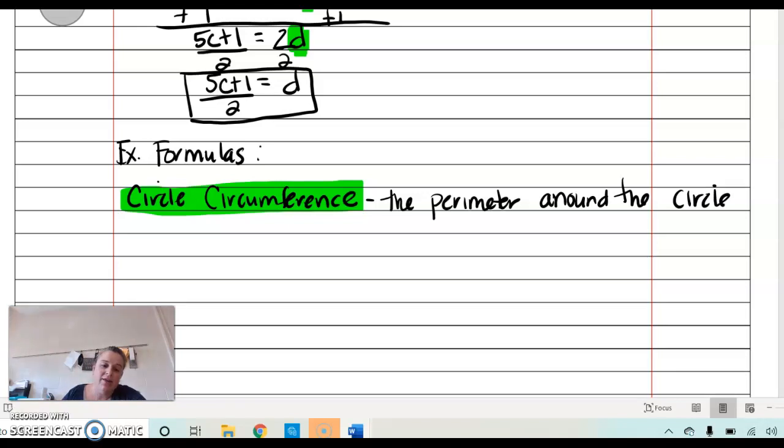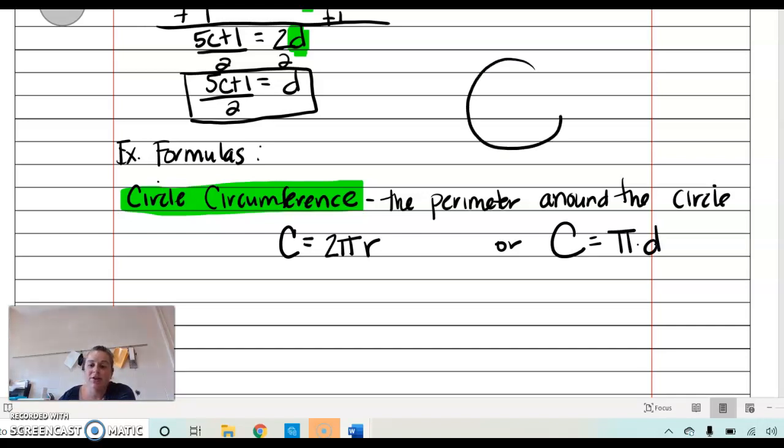It is given by the equation C, for circumference, is equal to 2 times pi times your radius. Or circumference is equal to pi times the diameter.